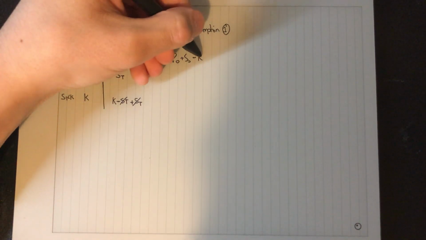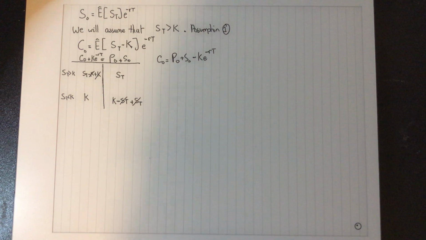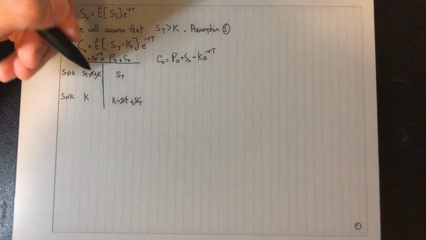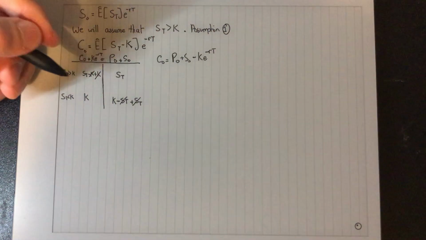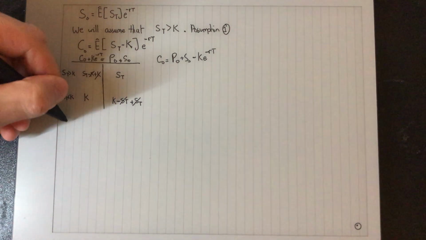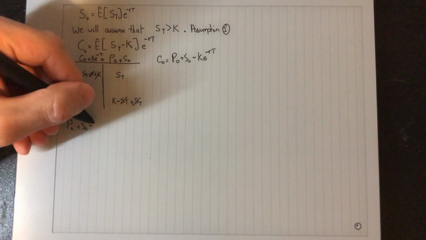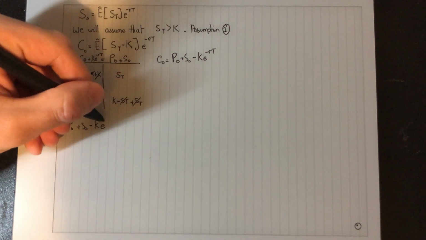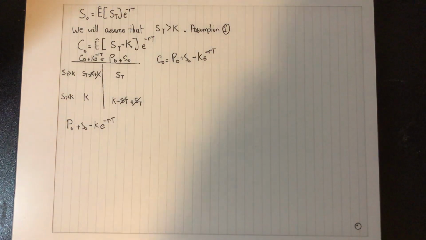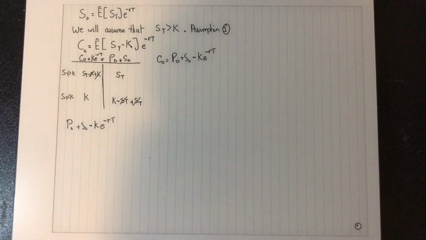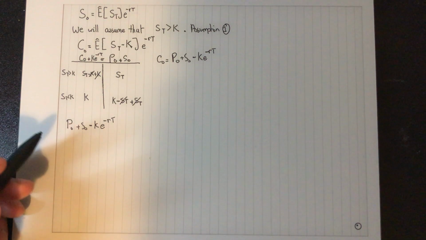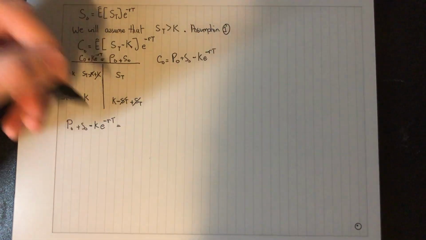minus K e to the power of negative RT. So now we're going to substitute this into our equation over here. So simply put P0 plus S0 minus K e to the power of negative RT.